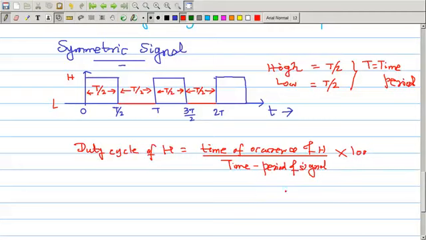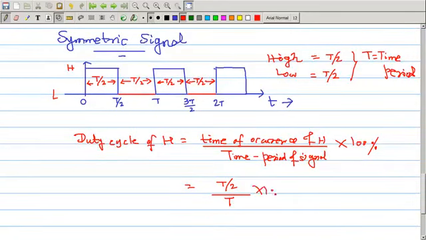So this is the duty cycle percent. In this case, the time of occurrence of H is T by 2, the total time is capital T, and this multiplied by 100 is nothing but 50%.